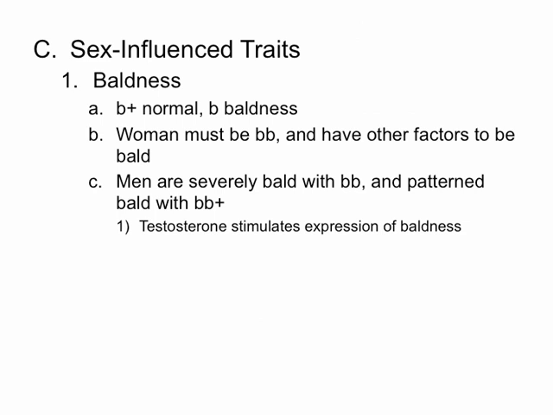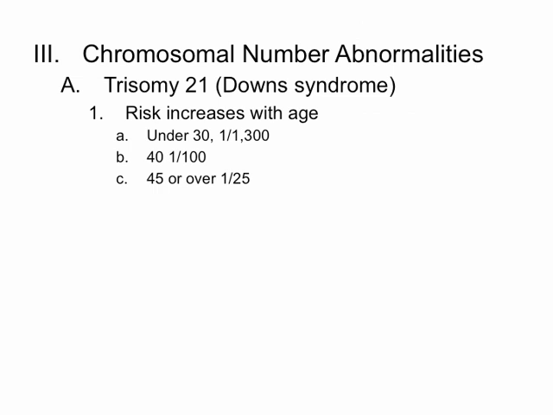All right, and then we're going to look at the chromosomal number abnormalities. Trisomy 21 is known as Down syndrome. The risk of having a child with Down syndrome increases with age.